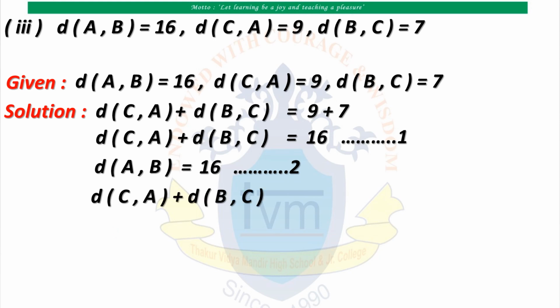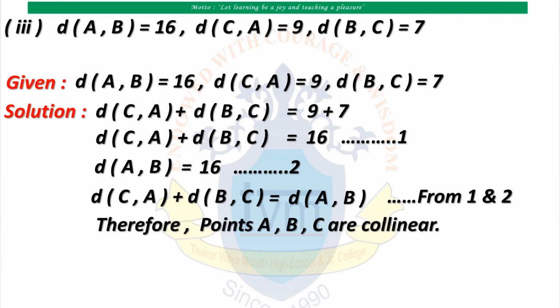It means distance CA plus distance BC equals distance AB. This statement we got by comparing equation 1 and 2. So here the sum of two smaller distances is equal to the greater one, hence points A, B, C are collinear.